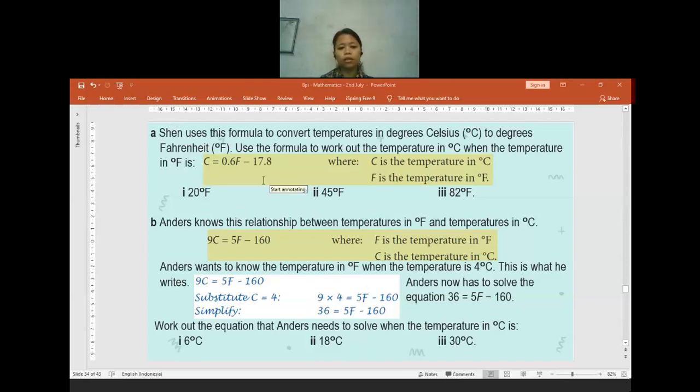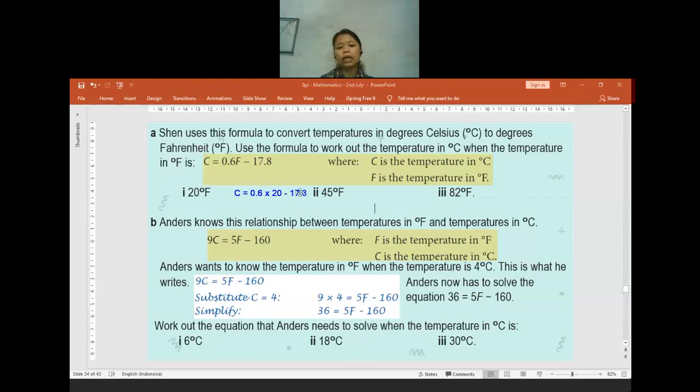If you are confused, I will tell you how to do it in question 10A1. So it will be the degrees in Celsius. C will be equal to 0.6F, which means 0.6 times F. So I will multiply it with 20 and then minus 17.8.